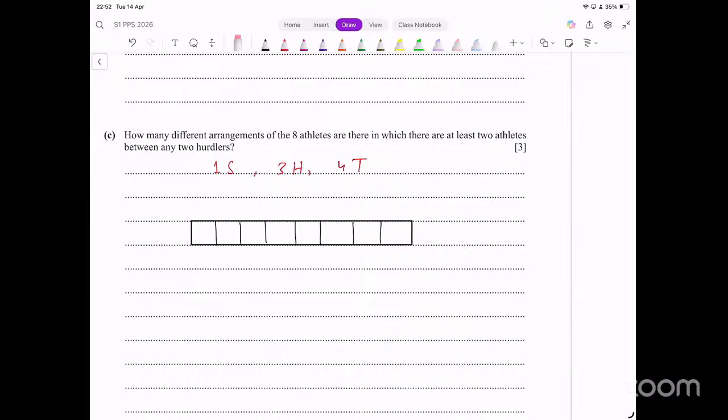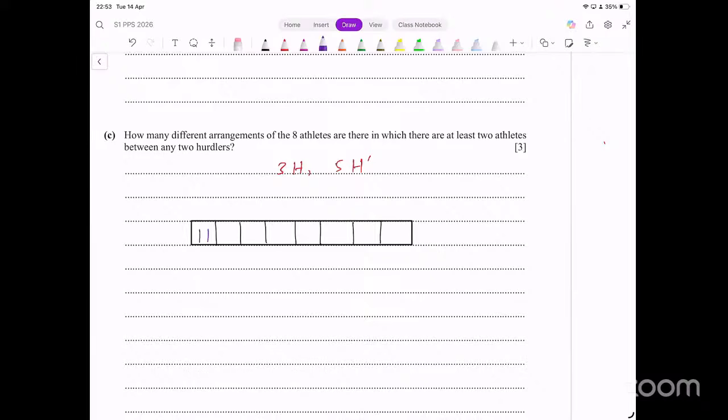So we can club the remaining people. There's no condition on throwers and sprinters, right? So let's just say there are 5 other athletes. So there are 3 hurdlers and 5 non-hurdlers, right? We don't care who they are. They're just other people, apart from those 3 hurdlers. Now, if we want at least two other athletes between the 2 hurdlers, we could think of it like this.